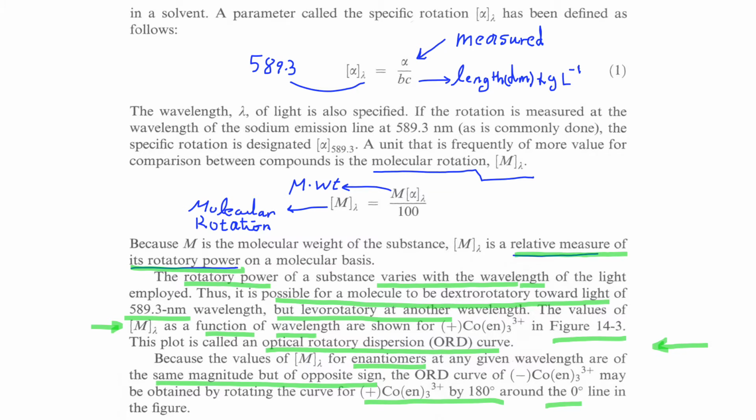There is another value which measures the interaction of the optically active complex on the molecular level with the polarized light. It's called M lambda, where lambda is the same, 589.3 nanometers. And to calculate M lambda for your complex, you multiply the alpha lambda you calculated up here by the molecular weight of the sample divided by 100.